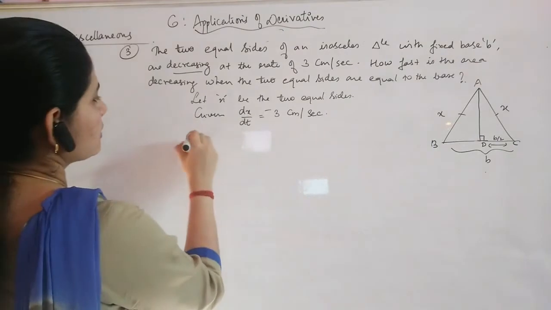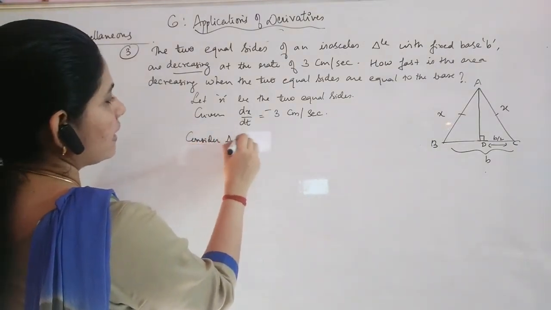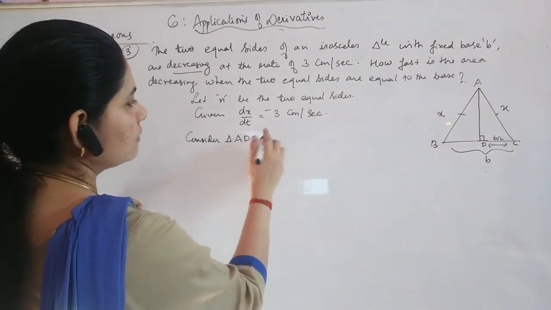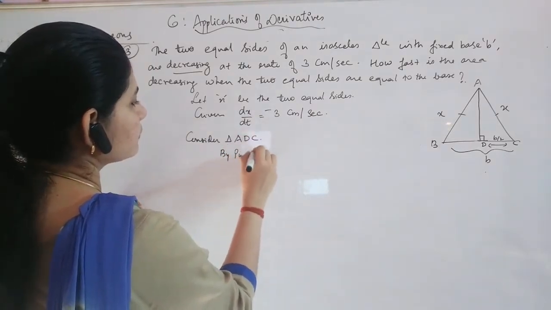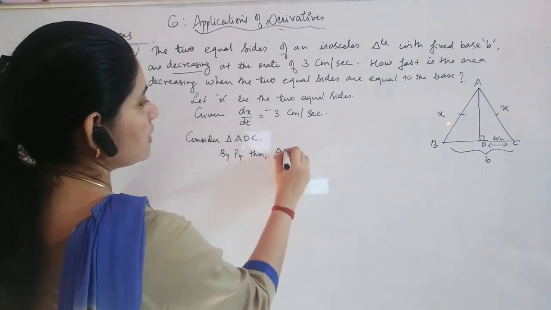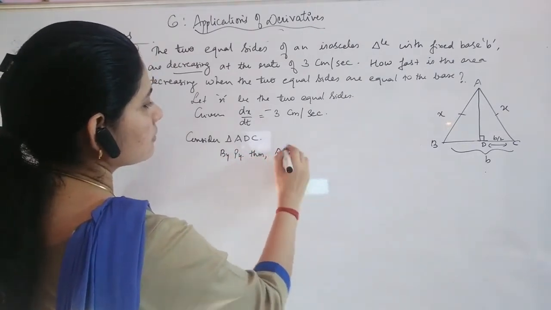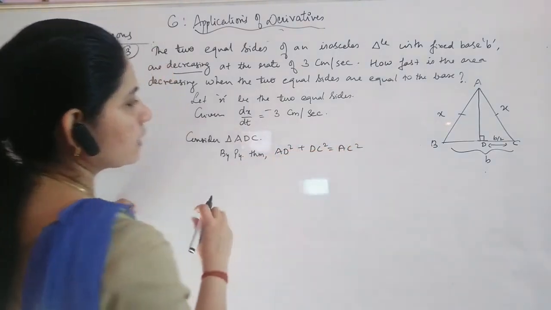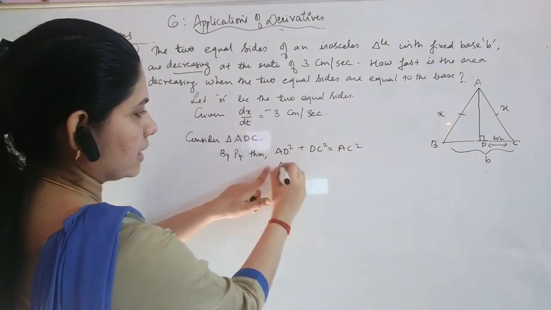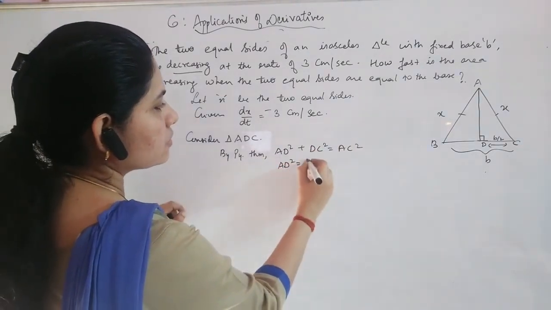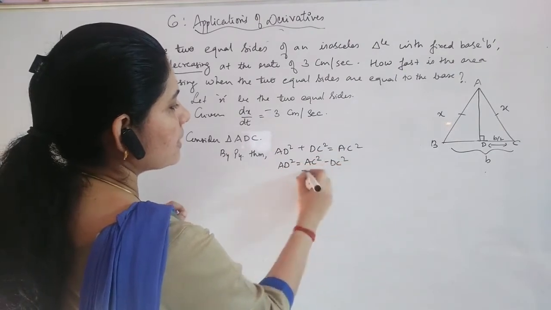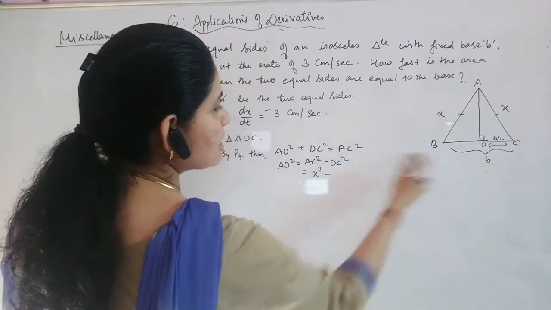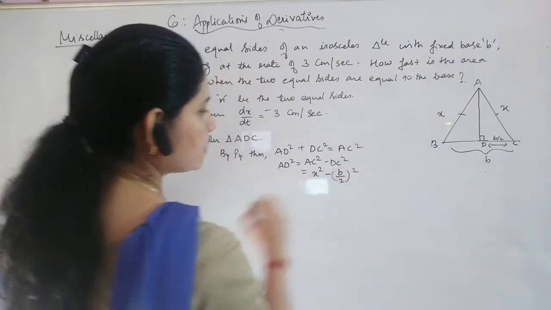For that, consider triangle ADC and use the Pythagoras theorem: AD square plus DC square is equal to AC square. AD square you have to find out, so you get AC square minus DC square. Replace them: AC is x, so this is x square minus DC, which is b by 2, the whole square.